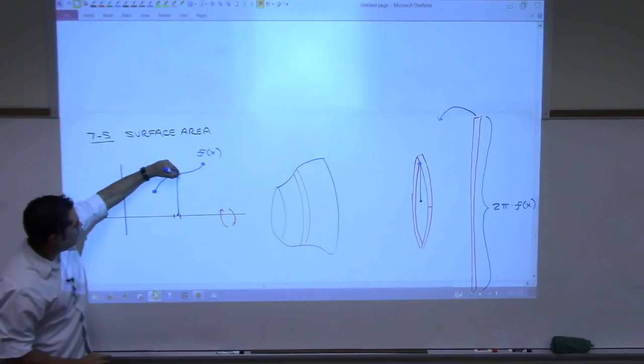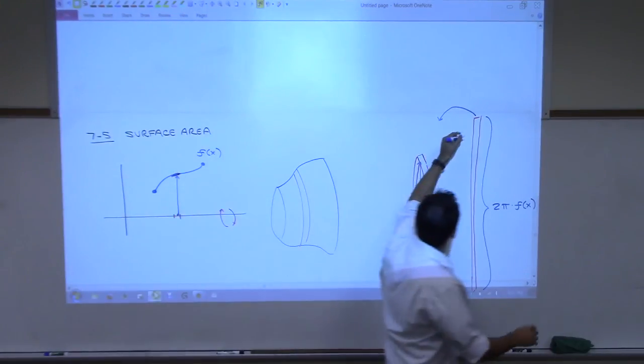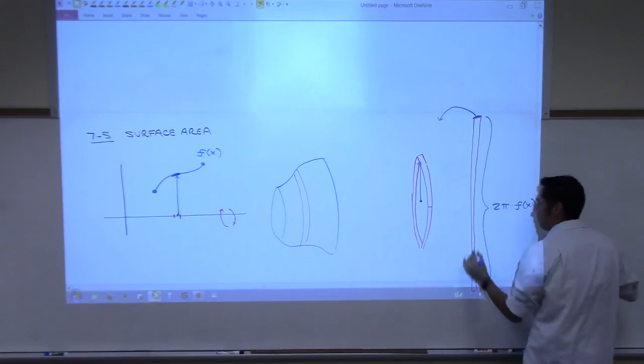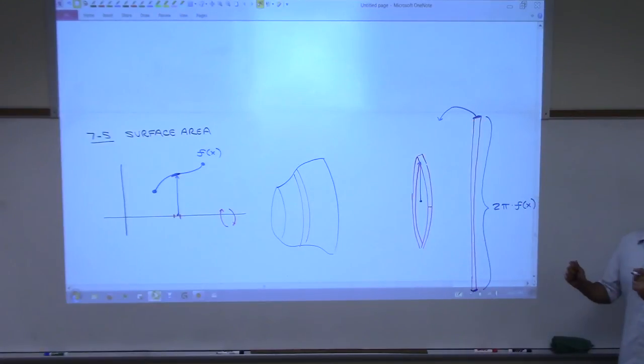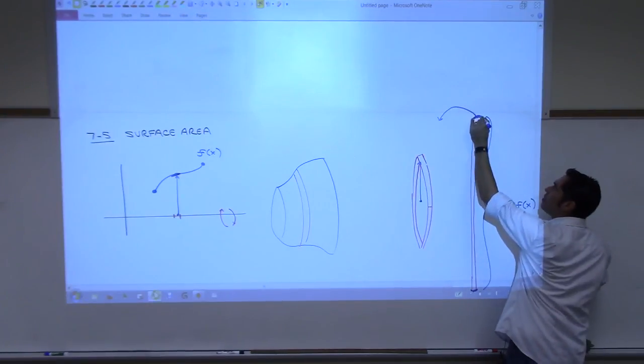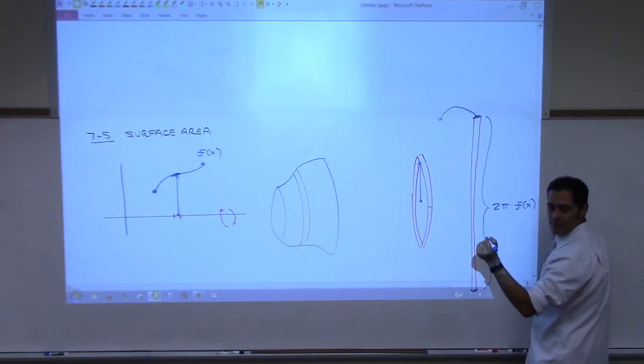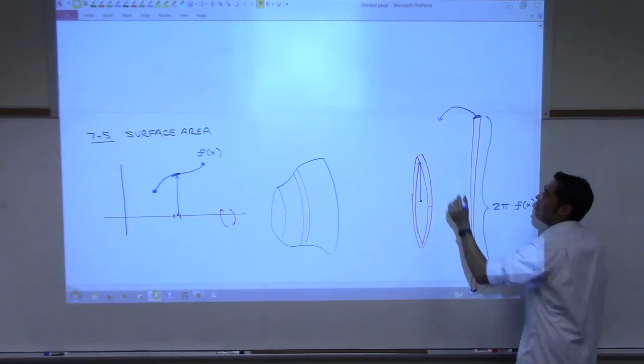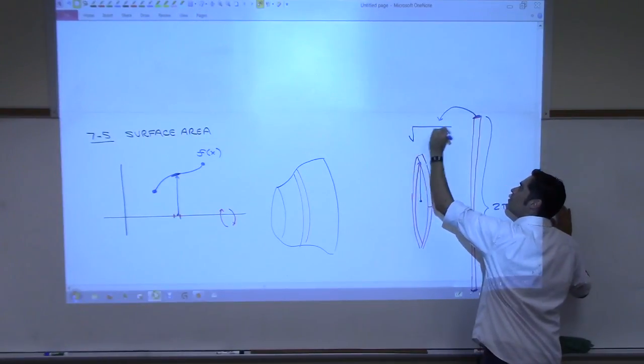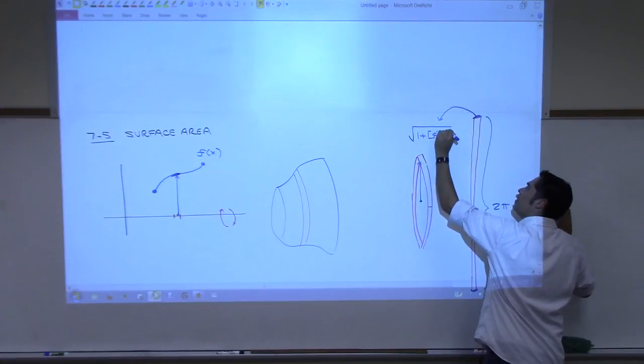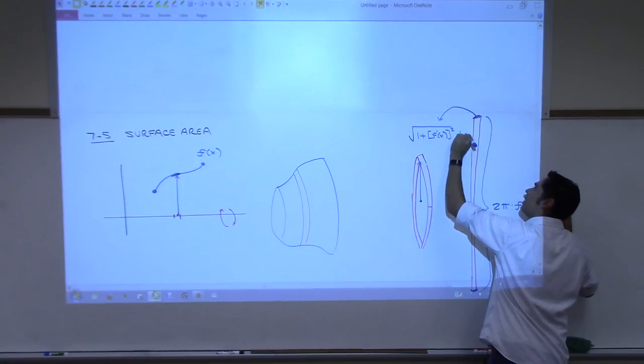Because this may be curved here, and so there's actually maybe a little bit of a curvature to the top of that. So we need to account for that. So that little slice right there, this little piece, is actually the arc length. And the formula for the arc length, we just derived it.